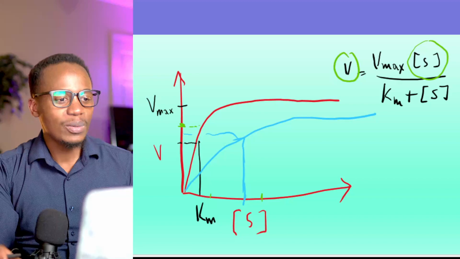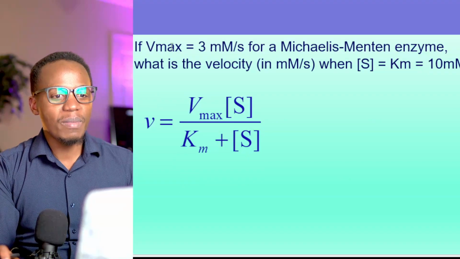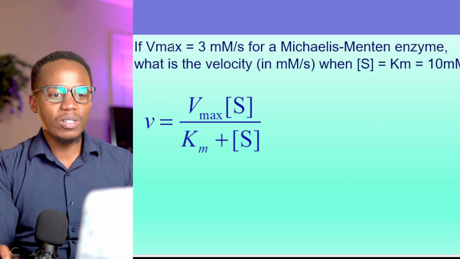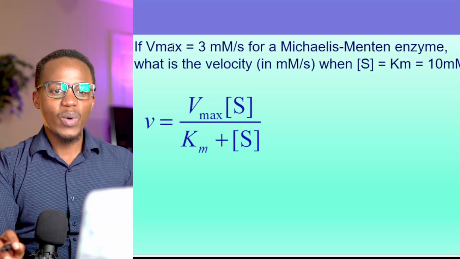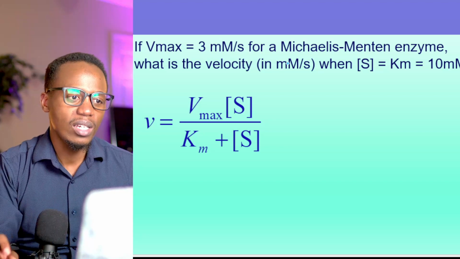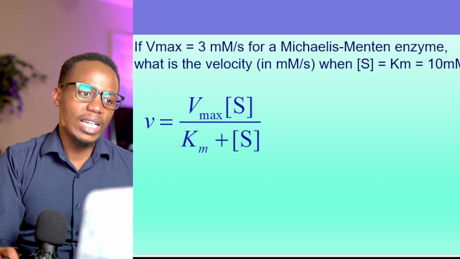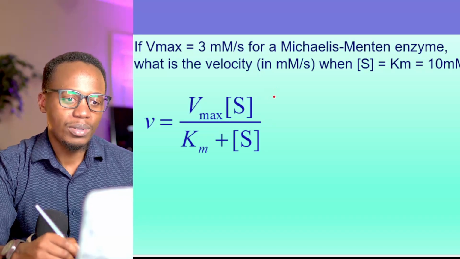Let's look at another question that is written. If Vmax is equal to 3 millimolar per second for a Michaelis-Menten enzyme, what is the velocity when S is equal to Km and is equal to 10 millimolar? So this should be just an easy plug-in.